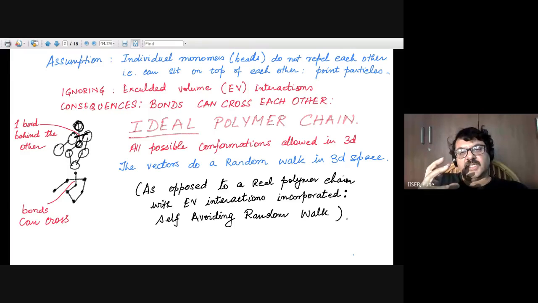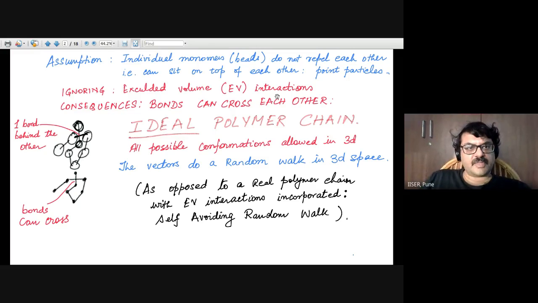So some volume is excluded, is not accessible to the other monomers. So if one particular monomer is sitting there and occupying a volume, that volume is excluded to the rest of the monomers of the chain. So that is excluded volume. And basically, the Gaussian chain model or the ideal chain model is ignoring excluded volume interactions.